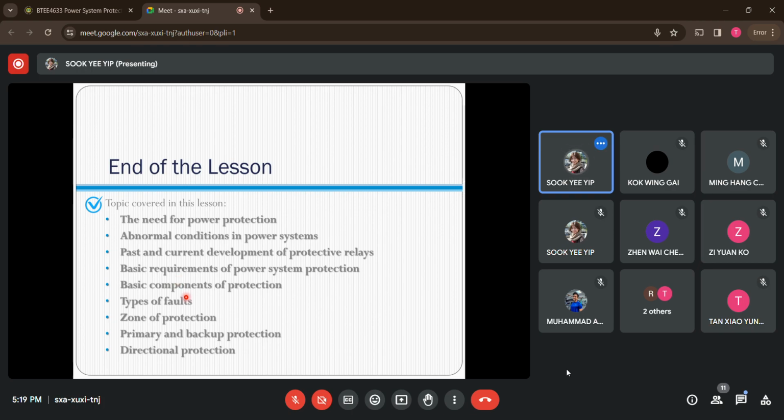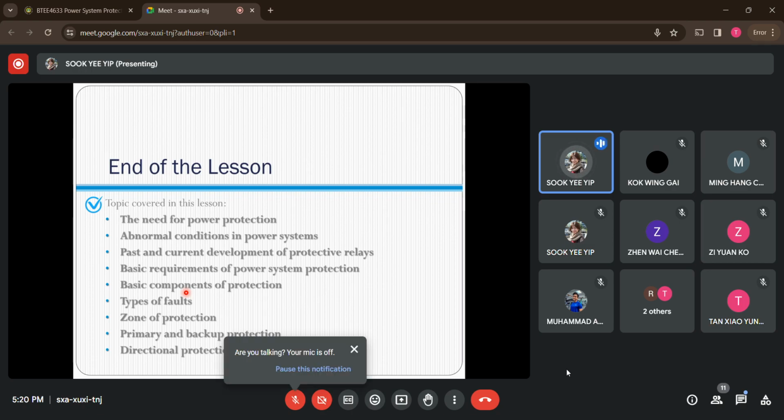After this, we also covered what components can be categorized as protective devices, like the fuses, the circuit breakers, the relays, the instrument transformers, and what their functions are and how we can connect them. We will look into each of these entities in the next chapters, like relays, circuit breakers, and instrument transformers in chapter 3 and so on.